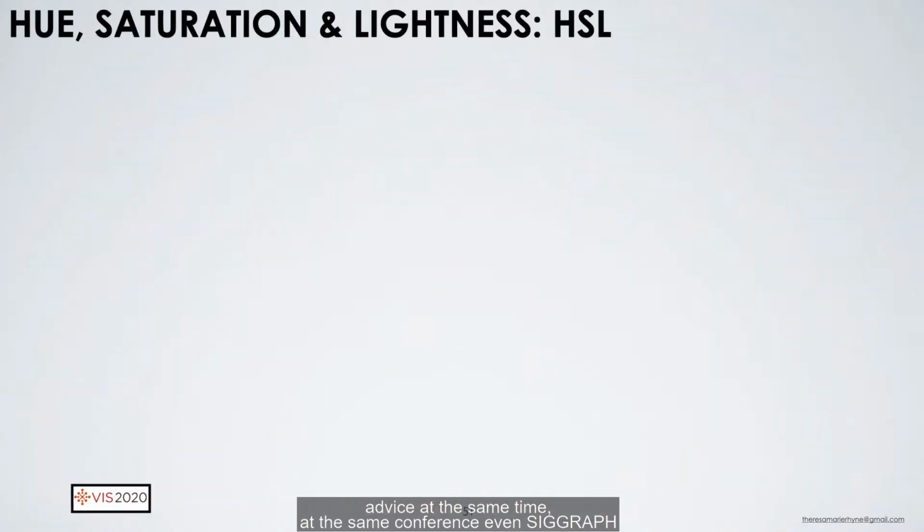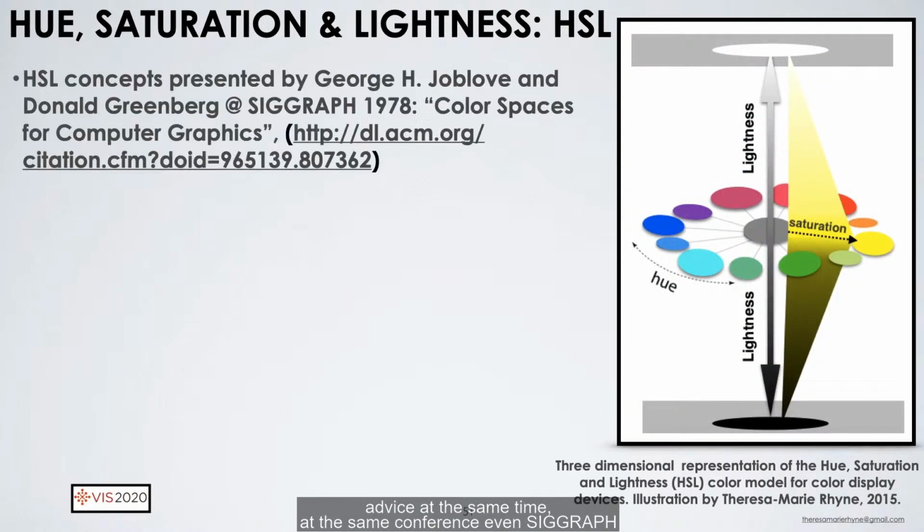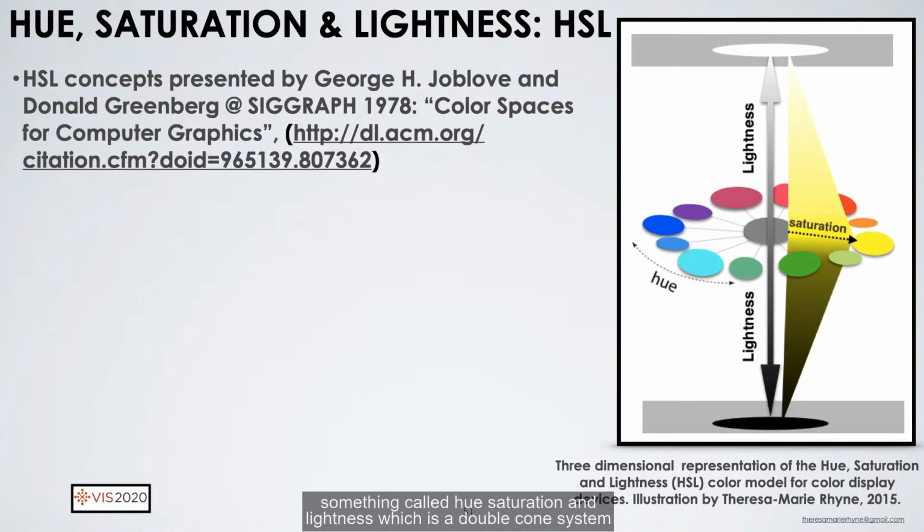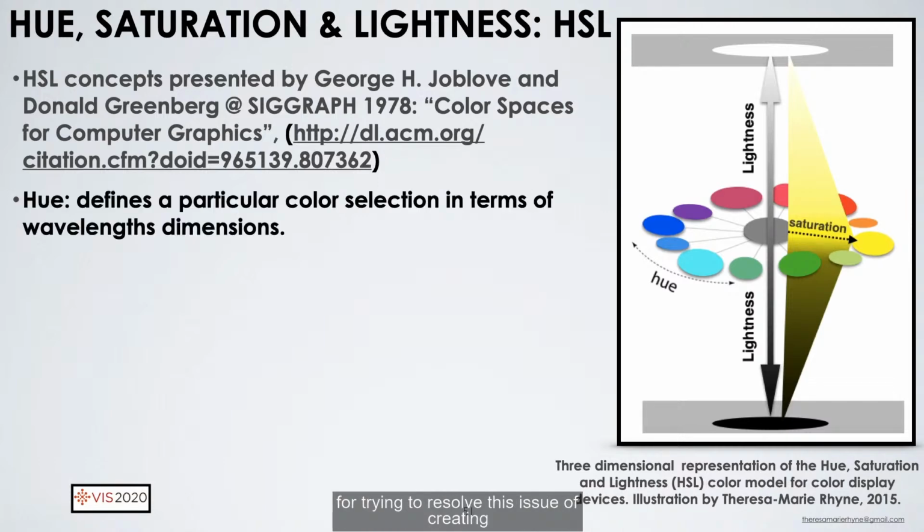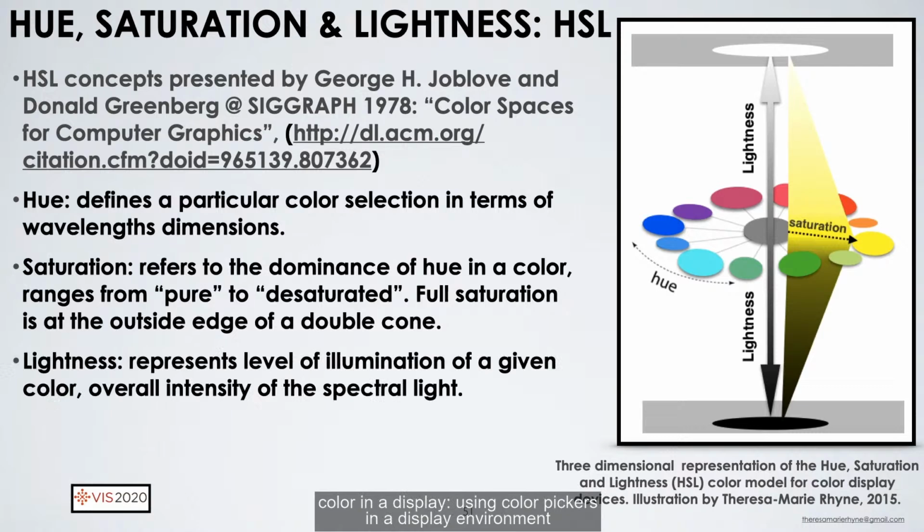At the same time, at the same conference even, SIGGRAPH 1978, Joblove and Greenberg came up with something called hue, saturation, and lightness, which is a double cone system for trying to resolve this issue of creating color in a display, using color pickers in a display environment.